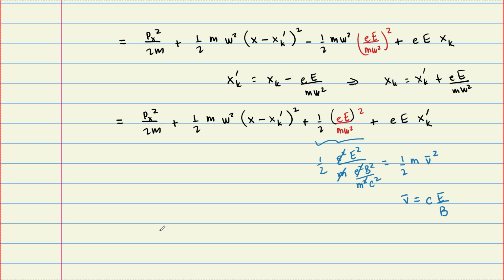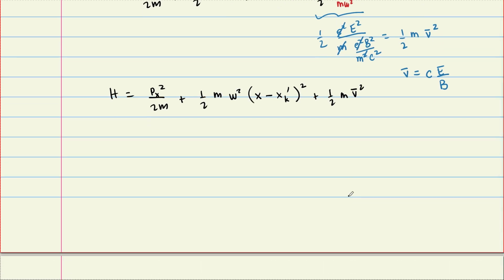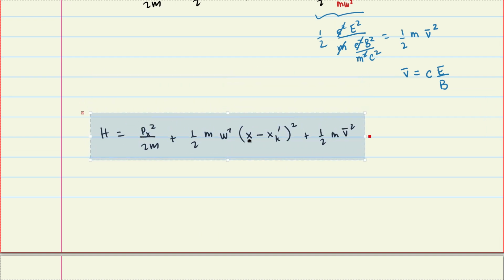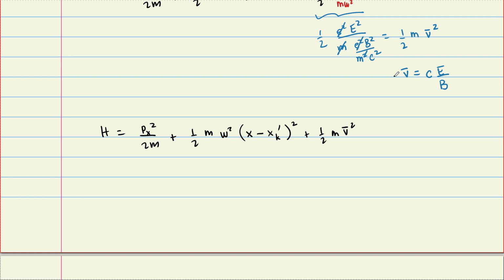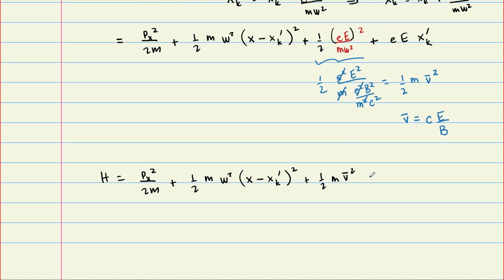At the end, the Hamiltonian turns out to be H, again the harmonic oscillator part, plus 1/2 m v bar squared, and I have, I think, one more, plus eE x_k prime.